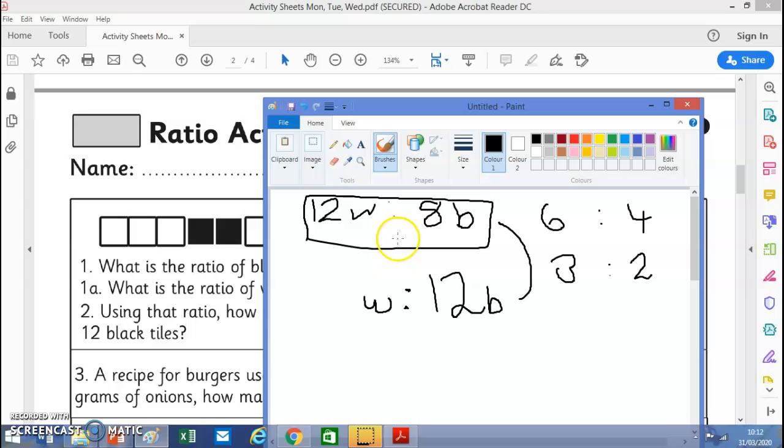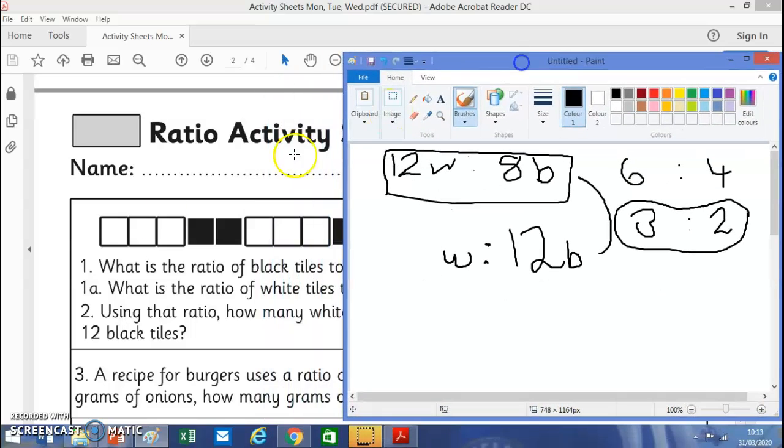Or I can see the highest common factor that is shared by 12 and 8, and I know that would be 4, the highest common factor. So I know now that my ratio that is simplified is 3 to 2, and actually I can see that in the pattern.